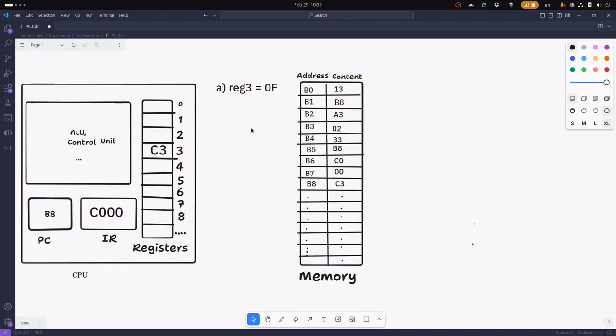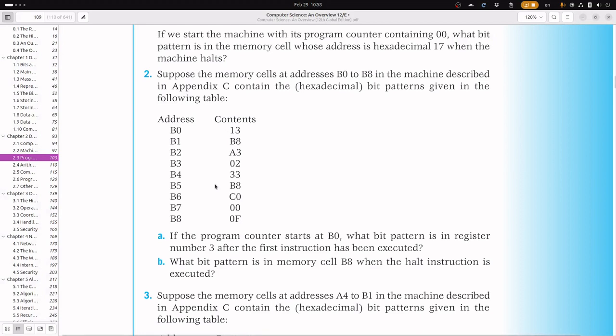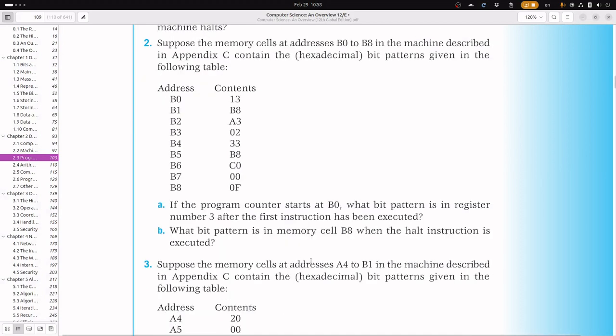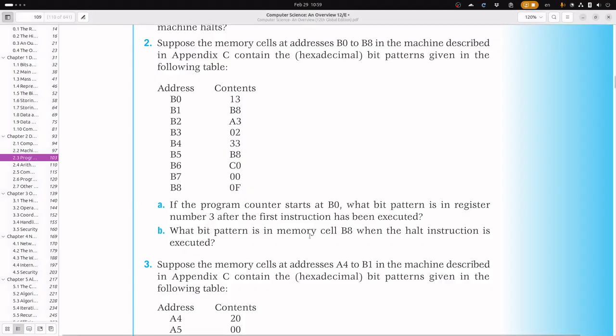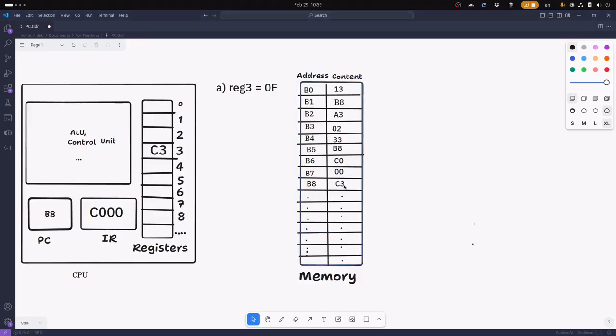This is for A. Okay, and in question B it said, what bit pattern is in memory cell B8 when the halt instruction is executed? For this we need to finish the whole program until we halt, right? So it asks what the bit pattern is in memory cell B8 when the machine halts.